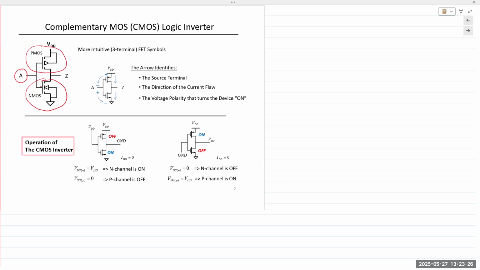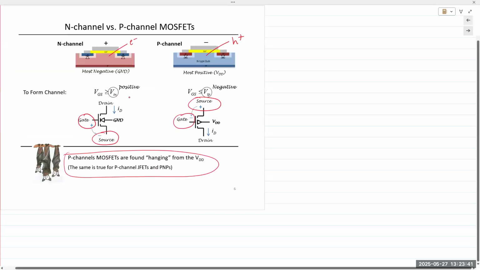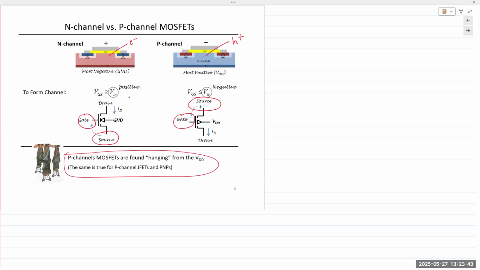Remember, they're both complementary to each other. So if you apply the same input at the gates of both transistors at the same time, one of them is going to be on, the other one's going to be off. And for that, we would go here where for the NMOS transistor on the left, the gate must be positive to turn it on.